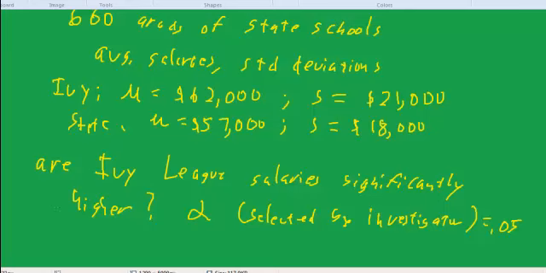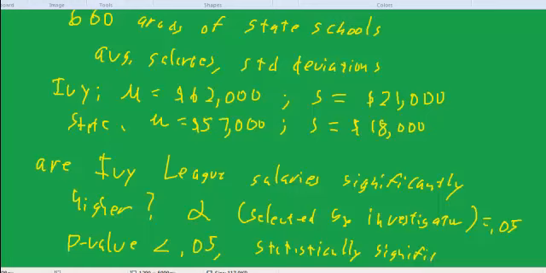So when we do this test, if we get a p-value less than 0.05, we will say that there's a statistically significant difference.